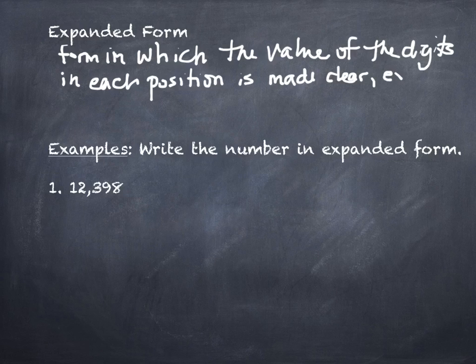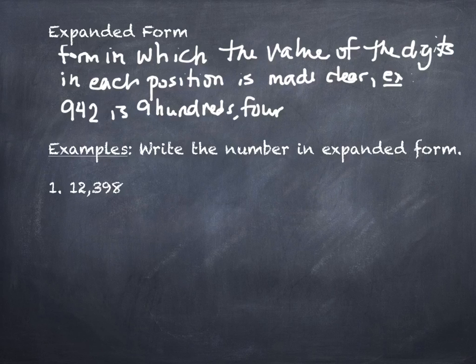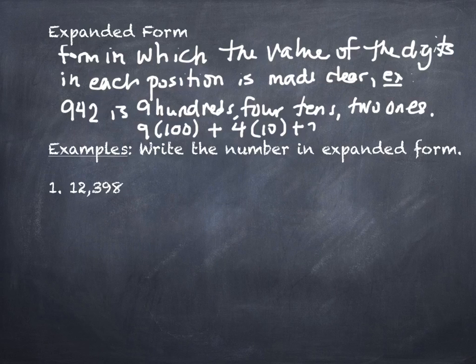For example, 942 is 900s, 4 10s, and 2 1s. So we can either write it in words, or we could also write it as 9 times 100, and 4 times 10, and 2 times 1.